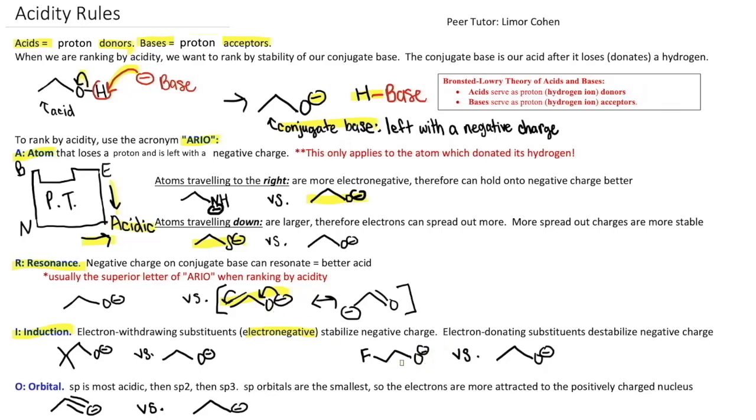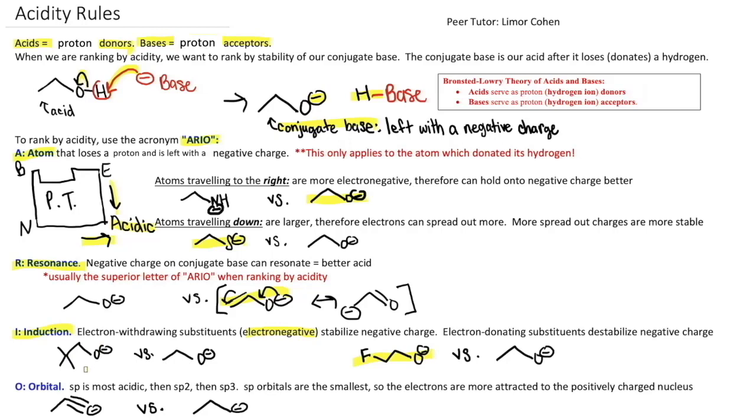So if we compare an oxygen with fluorine attached and an oxygen with nothing attached, our oxygen with fluorine attached is a better acid because fluorine stabilizes our conjugate base by pulling away electrons from this negative charge.